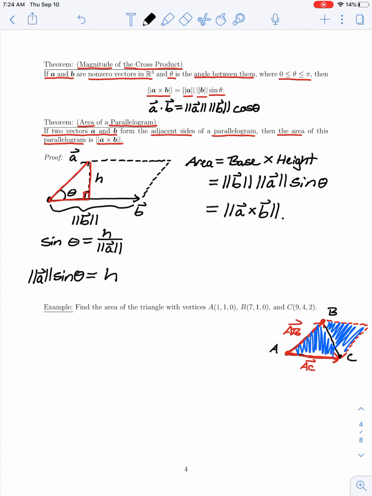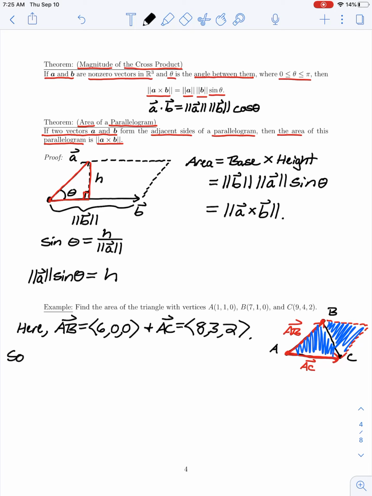So let's start by finding the vectors AB and AC. So here AB would be the vector 6, 0, 0, and the vector AC would have components 8, 3, and 2.